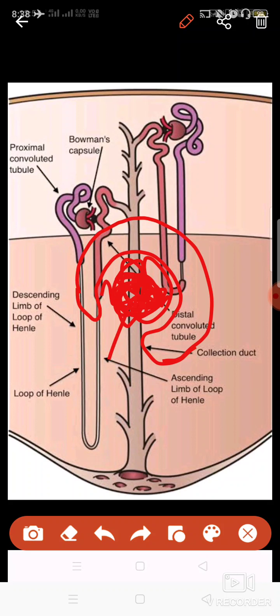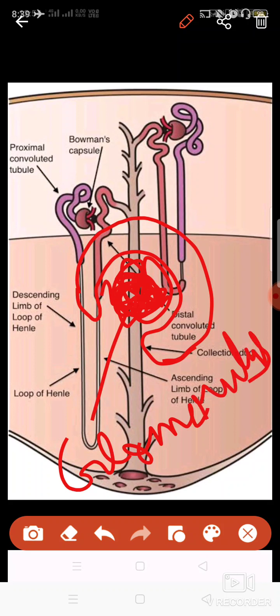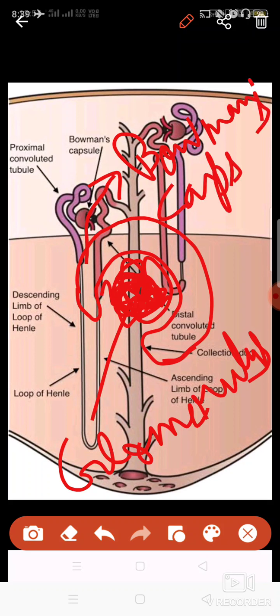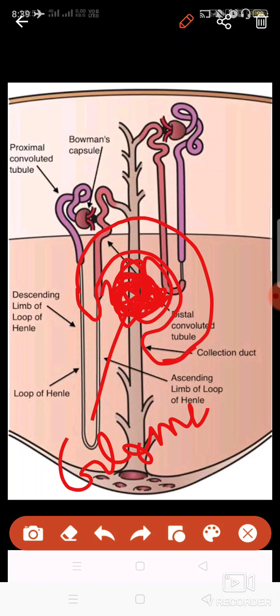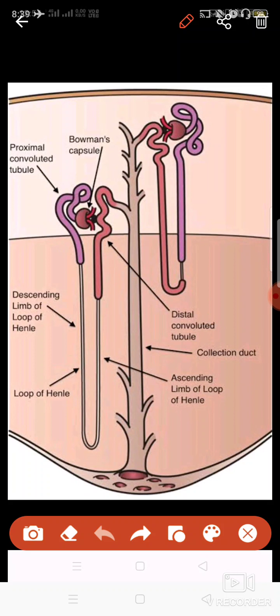This structure is known as glomerulus, and this glomerulus is located inside a capsule which is known as Bowman's capsule. So this is the first part of the nephron.